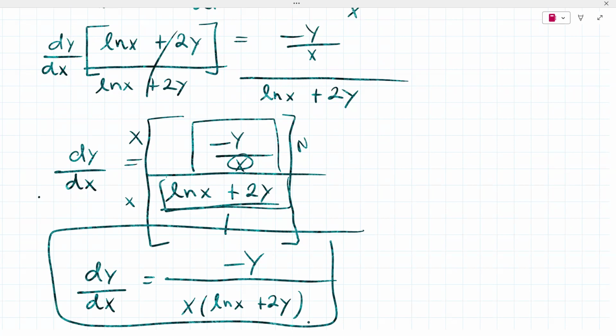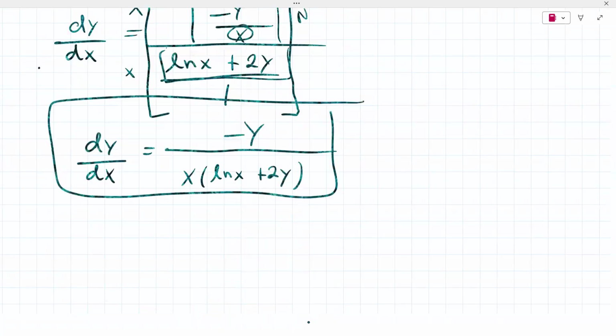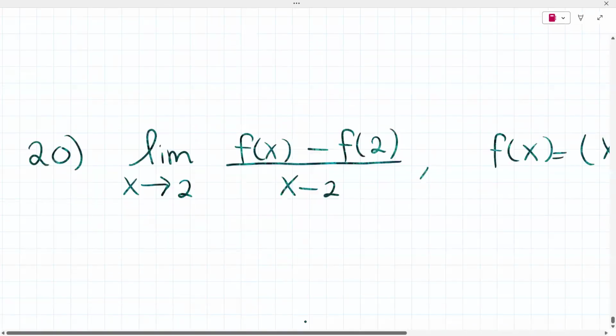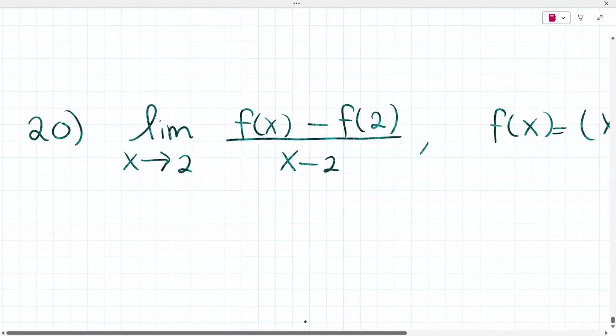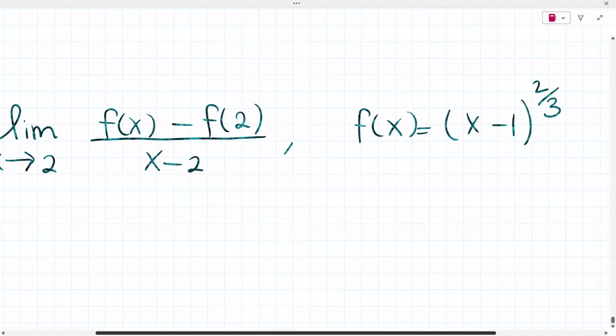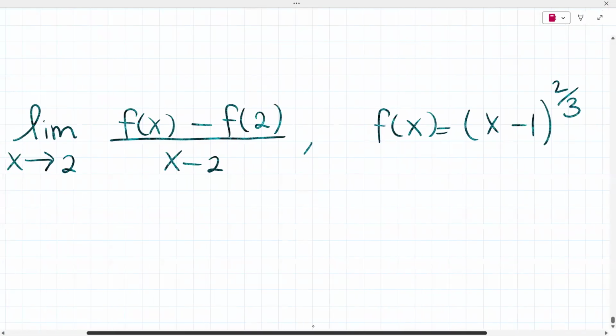Let's do one more and then we'll stop here. Okay, so 20 says, what is the limit? I know this is related to derivatives. What is the limit as x approaches 2 of f of x minus f of 2, all over x minus 2? And f of x is equal to x minus 1 raised to the 2/3.